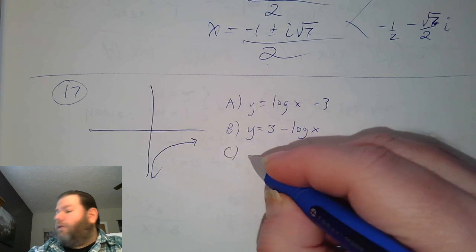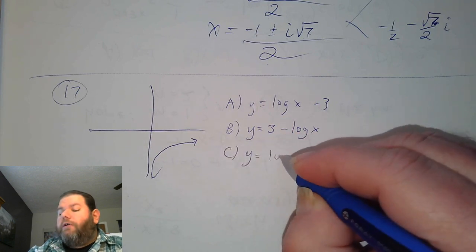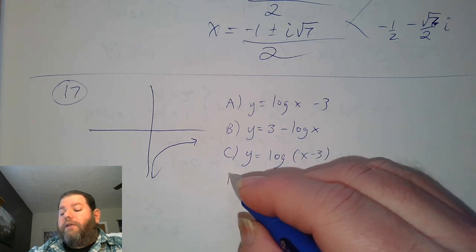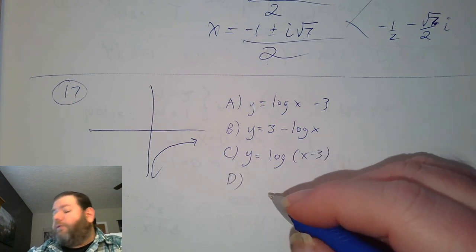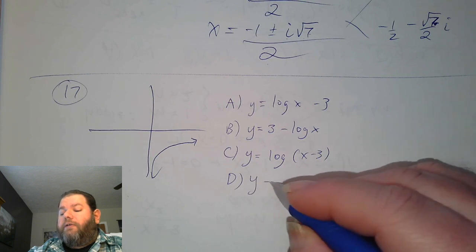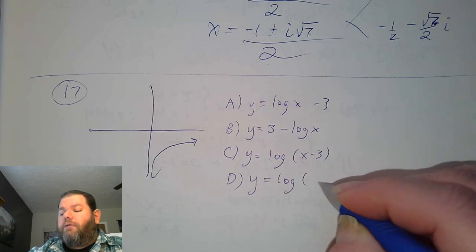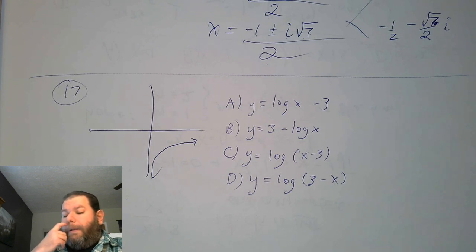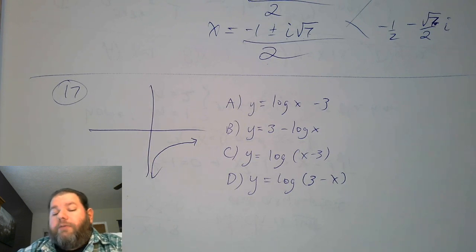C, y equals log of (x minus 3) in parentheses, and then D, y equals log of 3 minus x. So we have to figure out which of these is correct for this graph.